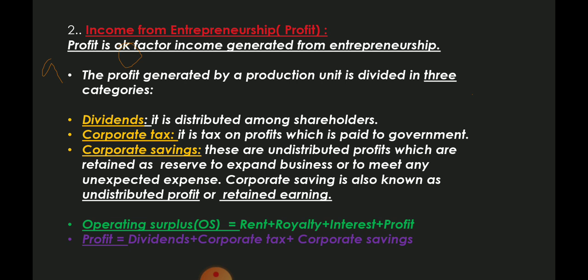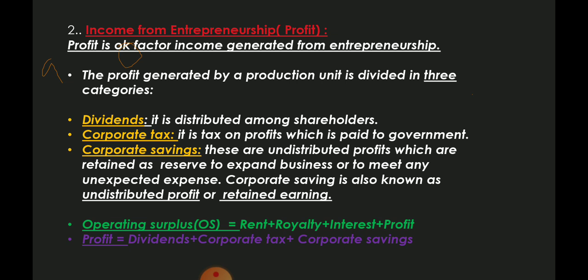Dividend, what is dividend? It is the income that is distributed among the shareholders. What is corporate tax? Tax on profit which is paid to the government by the production unit is considered as corporate tax. Corporate saving is the undistributed profit which is retained to expand business or to meet any unexpected expenses.